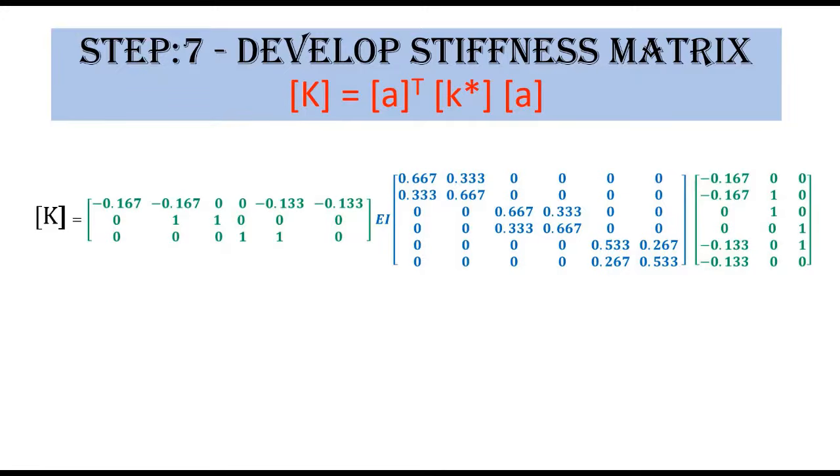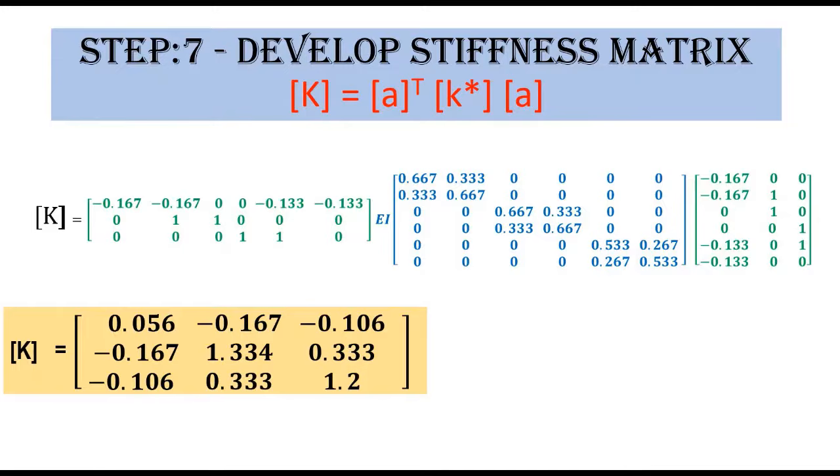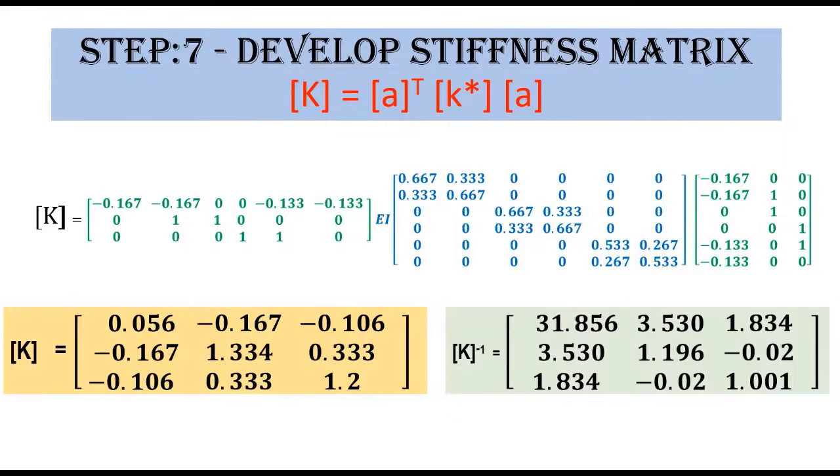For that we just have to multiply these three matrices and we will get the values 0.056, minus 0.167, minus 0.106, minus 0.167, 1.334, 0.333, minus 0.106, 0.333 and 1.2. And we are using K inverse in the next step. In step number 9, in order to calculate the displacement matrix, we need K inverse. So I have just calculated K inverse. This can be done using a scientific calculator.